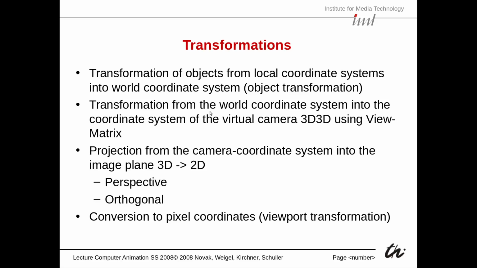And this transformation from the world coordinate system into the coordinate system of the virtual camera is first 3D using the view matrix, and then we have a projection from the camera coordinate system into the image plane, where we basically omit this one dimension. And this can be done with perspective projection or orthogonal projection, as we saw in the beginning. And then we need to convert it to pixel coordinates, the viewport transformation.